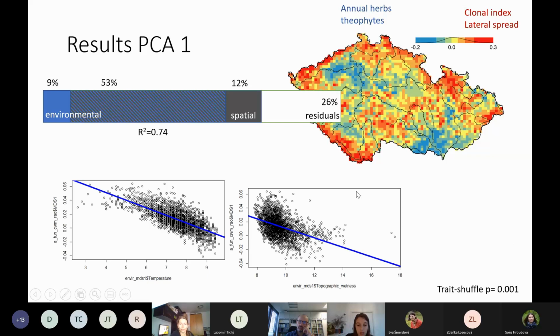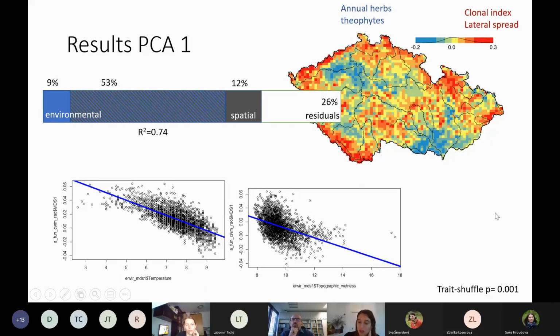And here I have shown each one of the environmental variables, and how they are affecting this axis. So here, for example, temperature. In the lower temperatures we have more high values of clonal index and lateral spread, while in the higher temperatures we have more annual herbs and pterophytes.